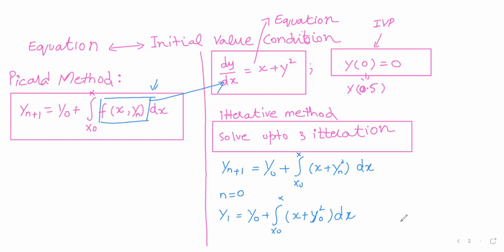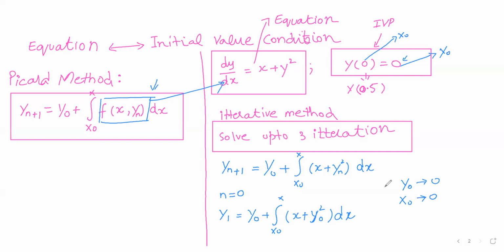Right? This will be our equation. And we already know that this is the initial value condition, so y0 is equal to 0 and x0 is equal to 0. This one is x, this one will be x naught, and this one will be the corresponding y naught.